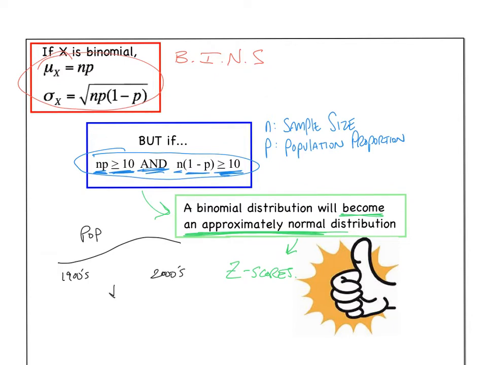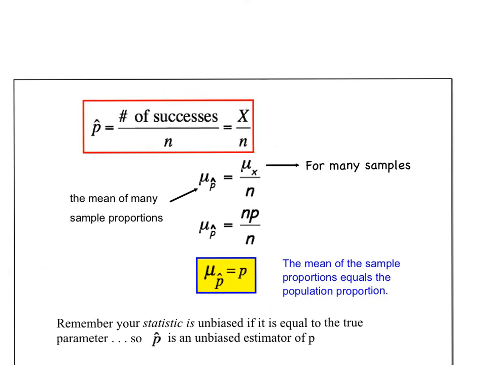Then we took a sampling distribution, and the sampling distribution ended up looking normal. That's kind of what's happening here, where the binomial distribution turns out to be approximately normal. But the key is these conditions have to hold. So that's what we're getting at.